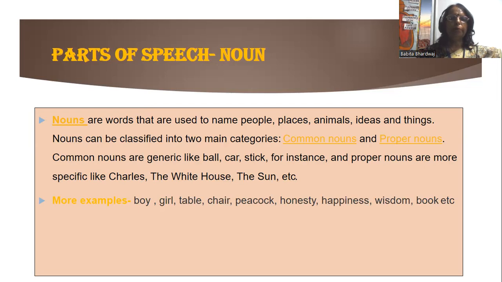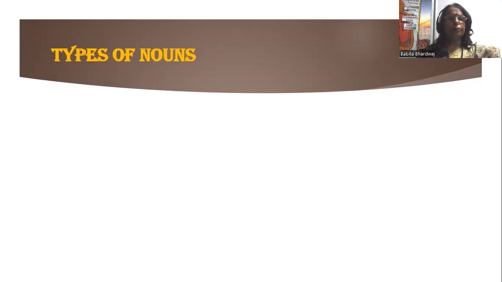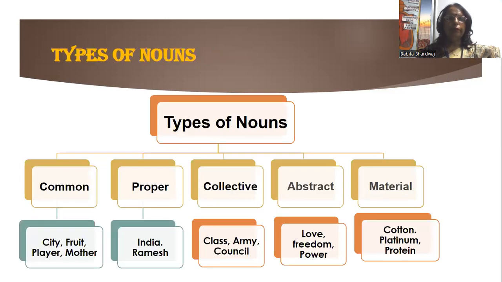There are a few examples: boy, girl, table, chair, peacock, honesty, happiness, wisdom, books, etc. If we see the types of noun, I focused earlier on two aspects that covered common noun and proper noun, and some more are collective noun, abstract noun, and material noun.